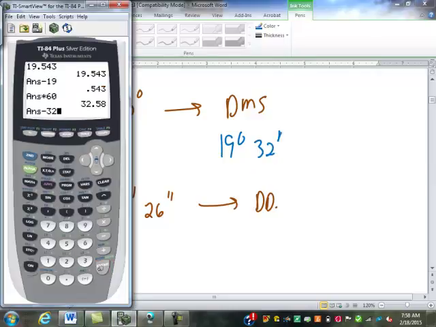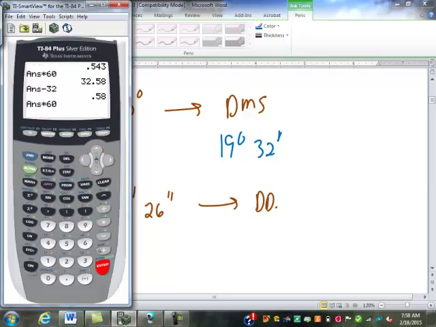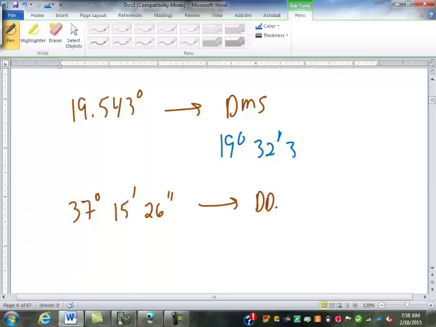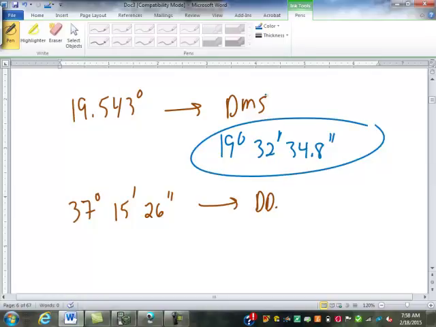Subtract 32, and the 0.58 times 60 again. 34.8. So how many of you got 19 degrees, 32 minutes, 34.8 seconds? How many of you actually did it? Did you guys know what you did wrong? You got it? Okay.